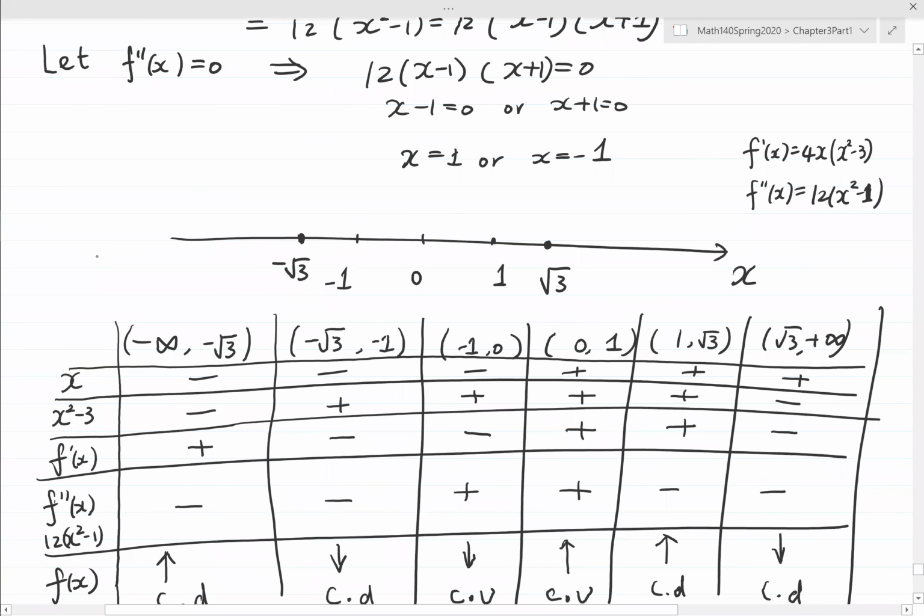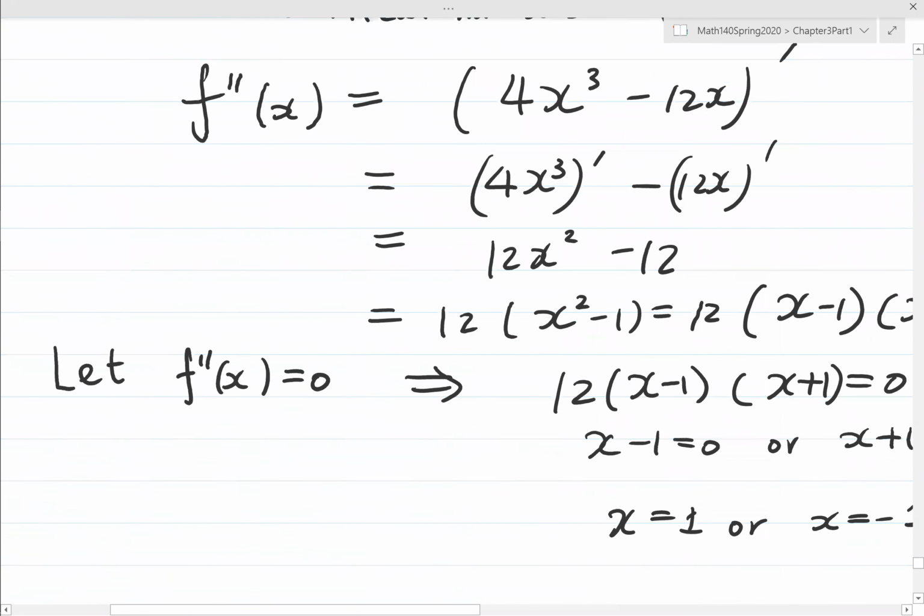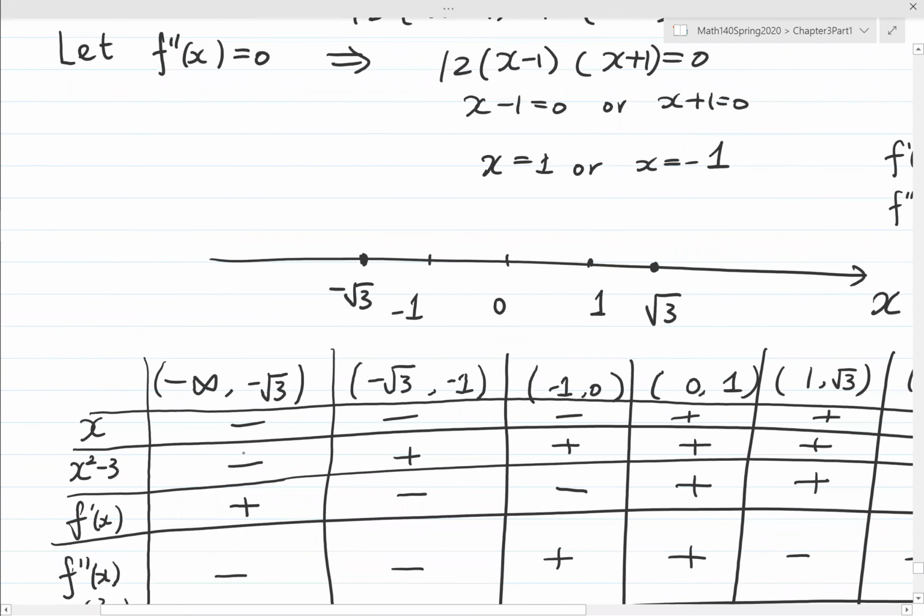X squared minus 3 in this interval, this part should be positive, this part should be negative.